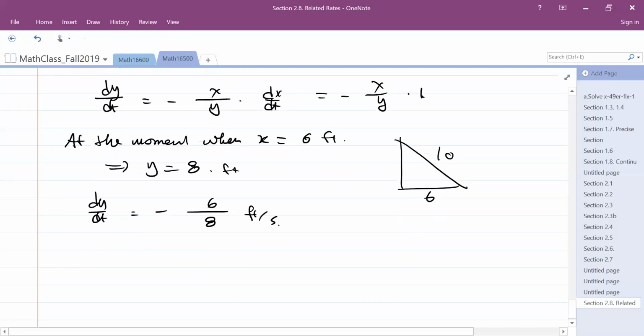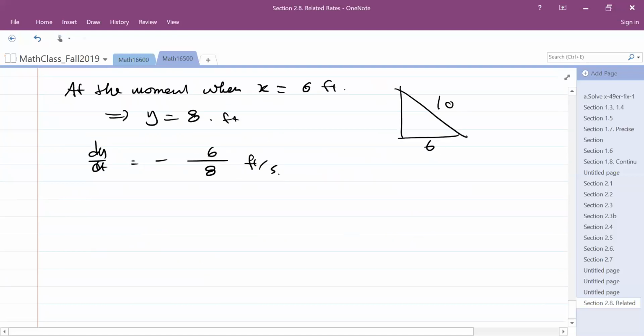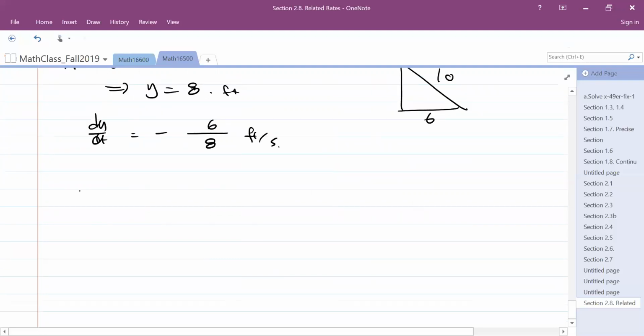Formulas we need to know in geometry, other formulas besides the volume and the surface area of a sphere, right? We also should know the circular cylinder. This is h, this is r, right? So the volume is going to be the area of the bottom times height.